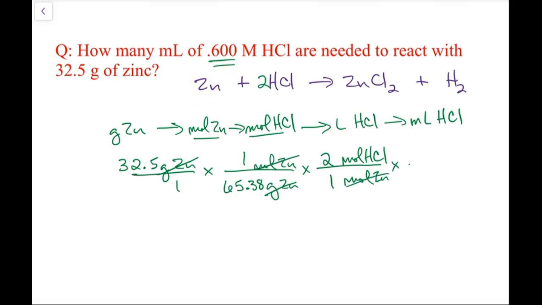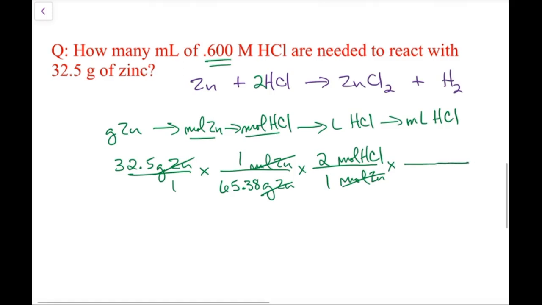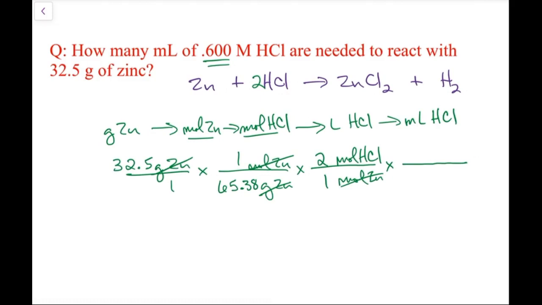And then from moles of HCl, this is the new part. Everything to this point has been kind of old; we did this in class last time. But this is a new part here. Because it's an aqueous solution, we can go from moles to liters of HCl. The question tells us we have 0.600 molar HCl, which means 0.600 moles per 1 liter.